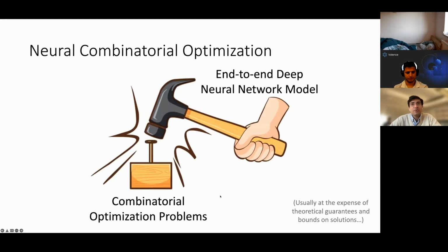But what we're talking about today is one way to hybridize machine learning and combinatorial optimization, and that is neural combinatorial optimization. The idea is that you want to design deep neural networks as a hammer to hit combinatorial optimization problems as nails. And usually this is at the expense of certain theoretical guarantees, but today I want to motivate why this could be something exciting.